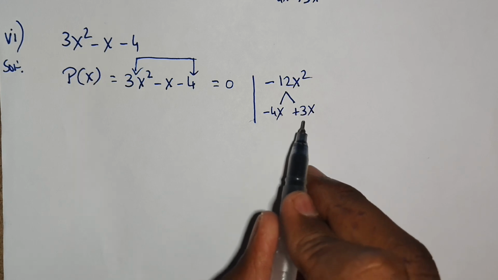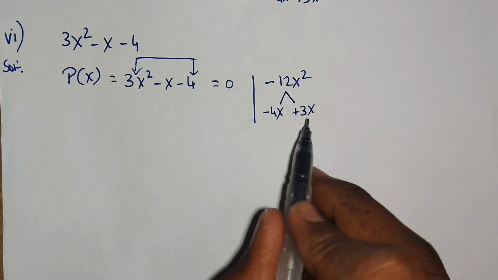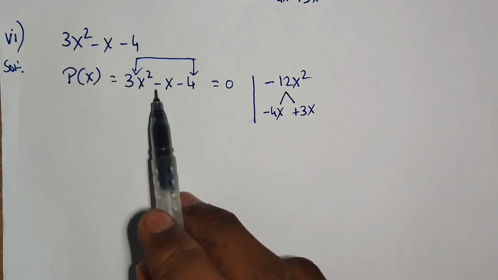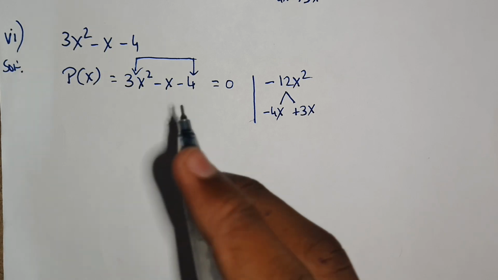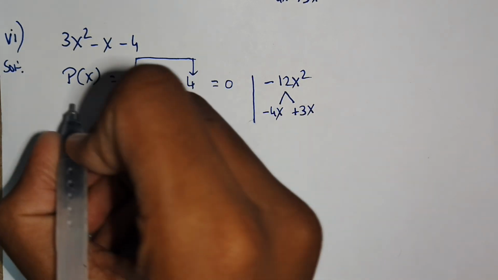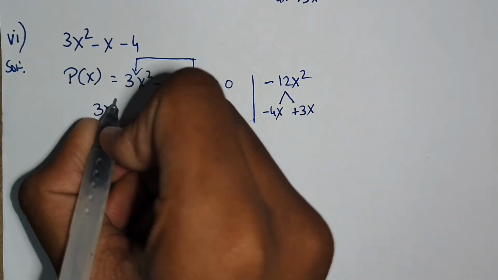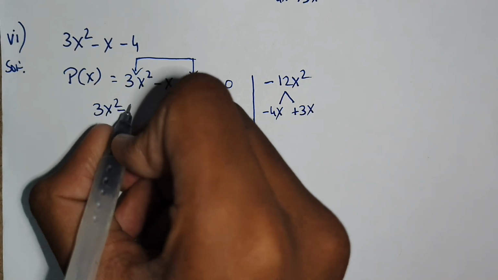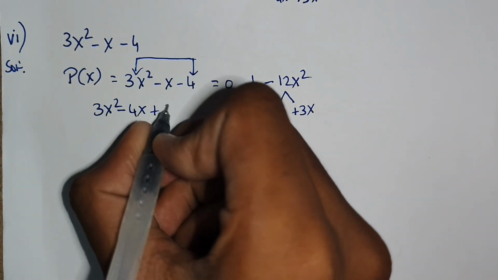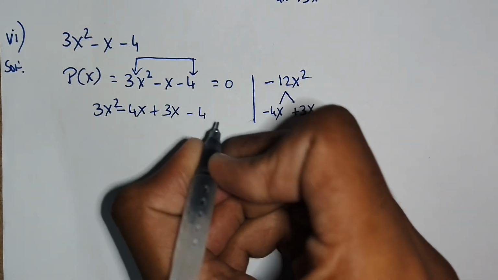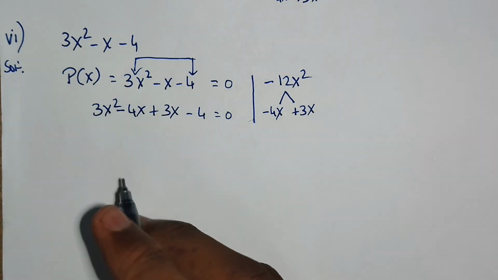The sum or difference of these two numbers will give minus x. So I am writing that 3x square minus 4x plus 3x minus 4 equals to 0.